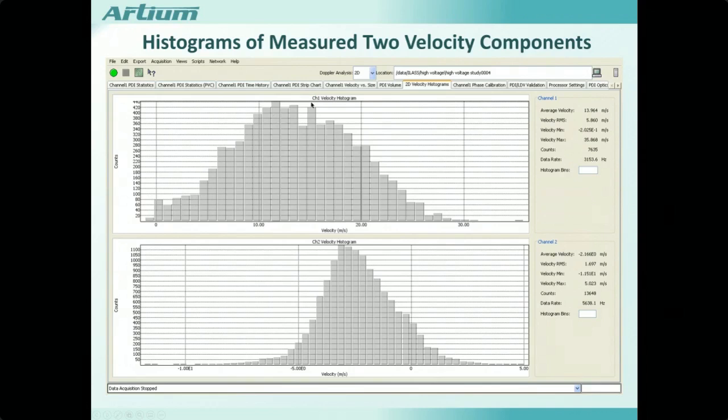And that's shown here for the channel 1 and channel 2 velocities. But I want to point out that in our systems, we do not use these histogram data or the bin widths to calculate our statistics. We're actually using the actual velocity measurements for each particle, which is a little better resolution than binning the results and then computing the mean and standard deviations.